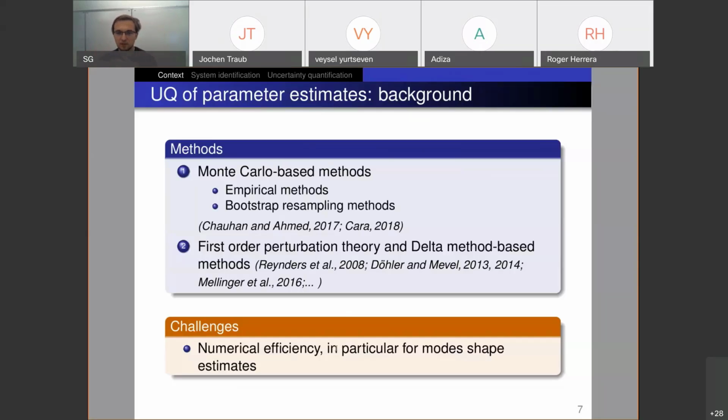And in first-order perturbation-based methods, computing the perturbations of our model parameter estimates can result in big matrices, which, for example, for mode shapes can be difficult to compute and involve heavy computations.